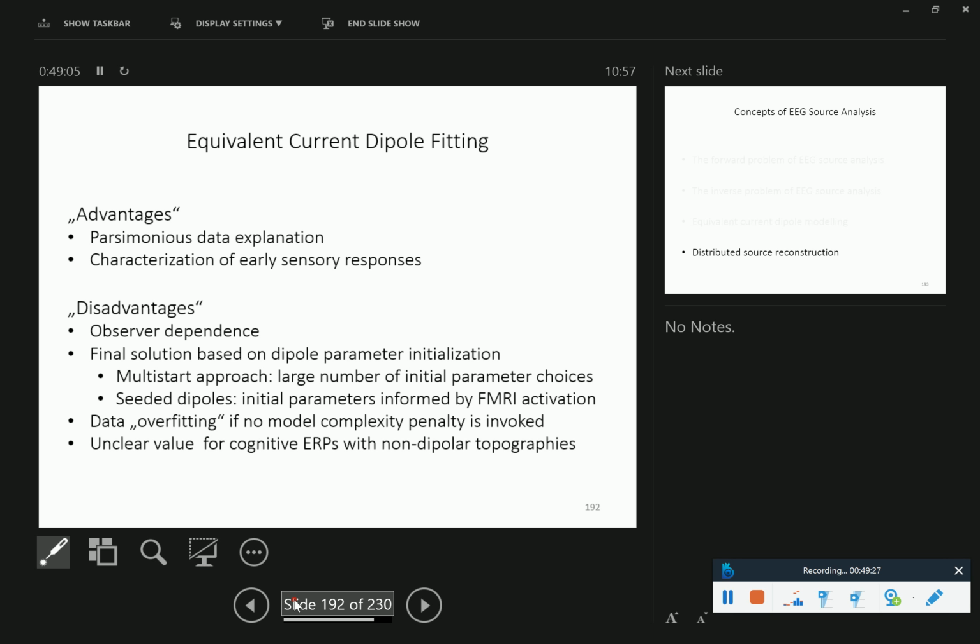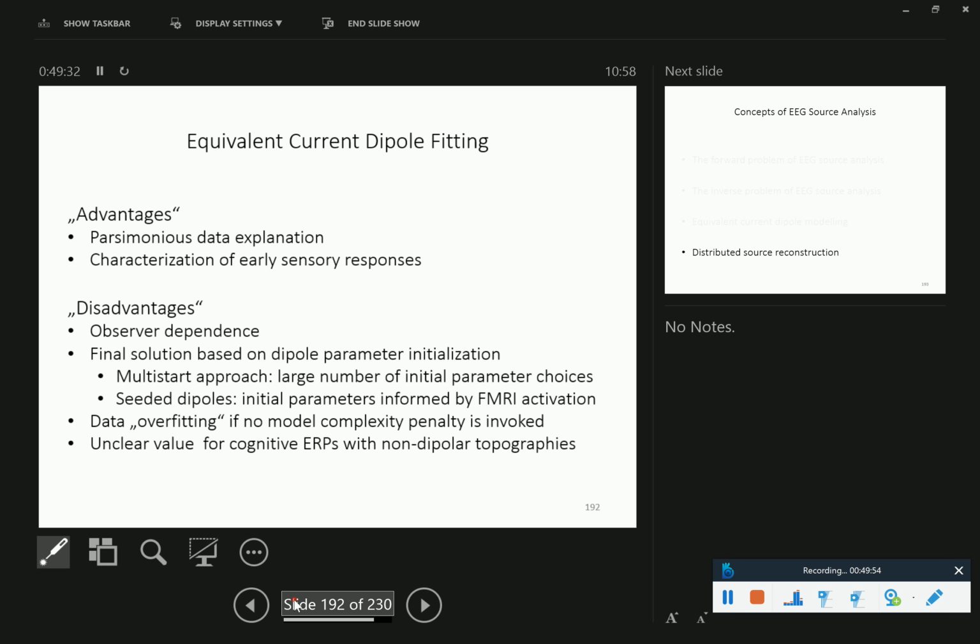And then of course the question is, how many dipoles should you use? No one knows. And in the general way this was done with respect to explained variance, there was no model complexity penalty. This is why they at one point came up with a variation, the Bayesian equivalent dipole, where you have a complexity penalty.